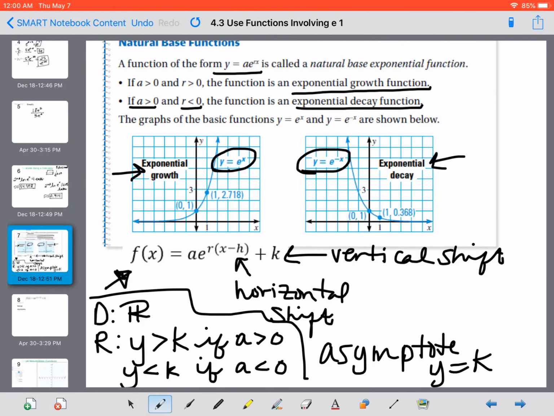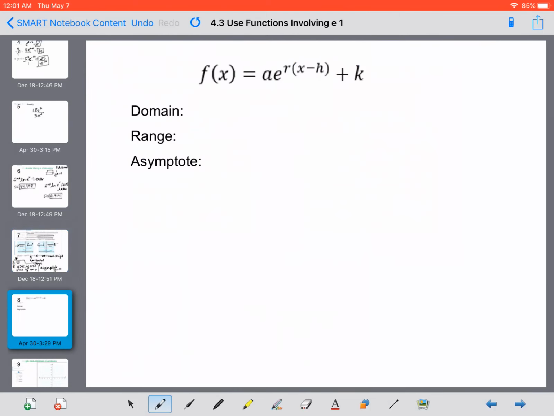Now on the next couple of slides, we'll be graphing, and your graph still will be exponential growth, just like 4.1, or exponential decay, like 4.2. Okay, this is what we just did on the other page.